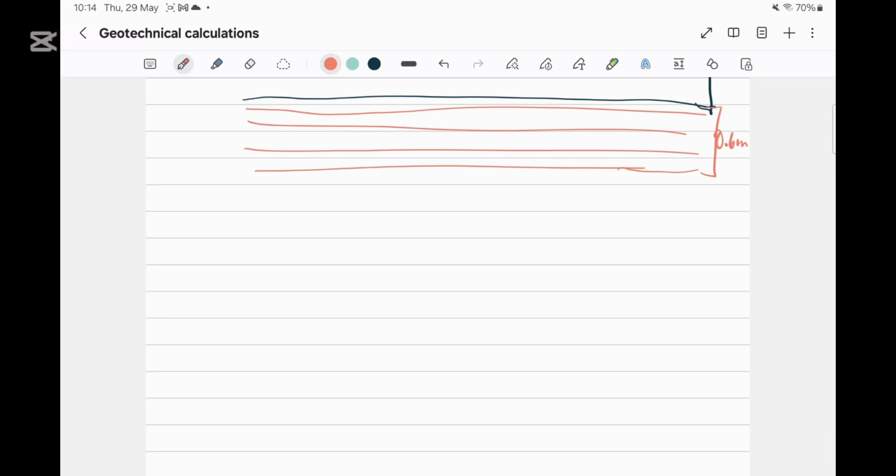To determine the minimum thickness required, we're gonna use this formula. How much do we need for this hard rock to be able to suspend the weight of these soft rocks?